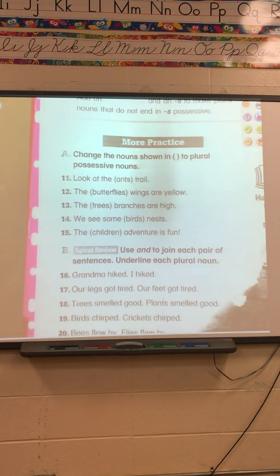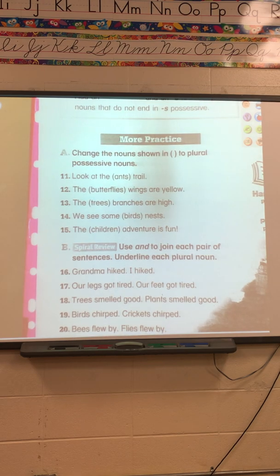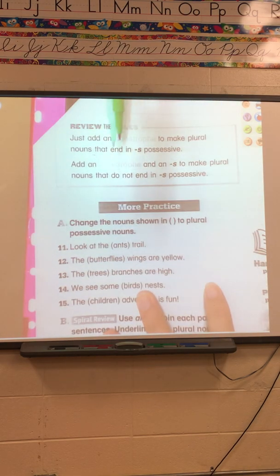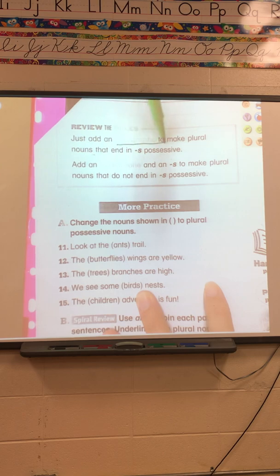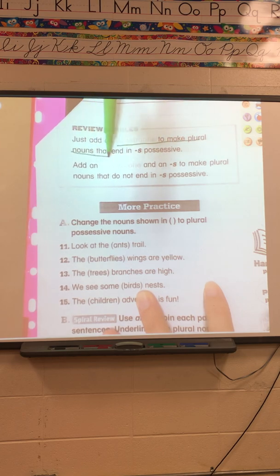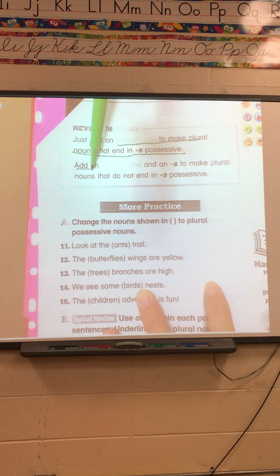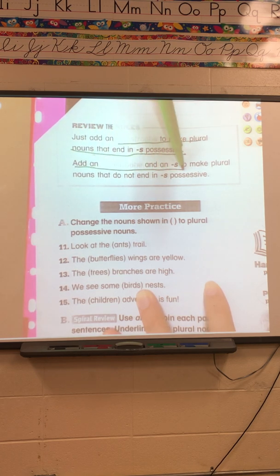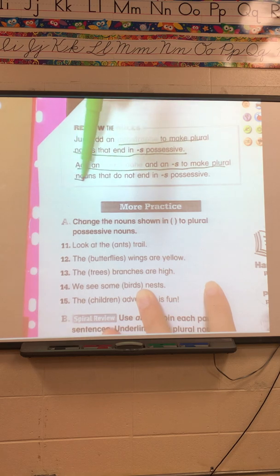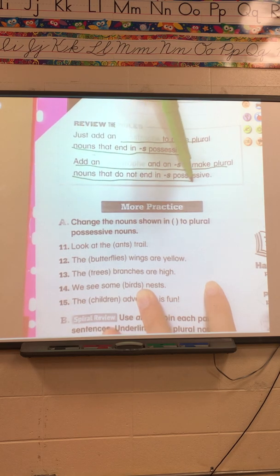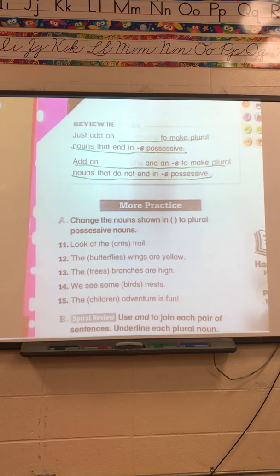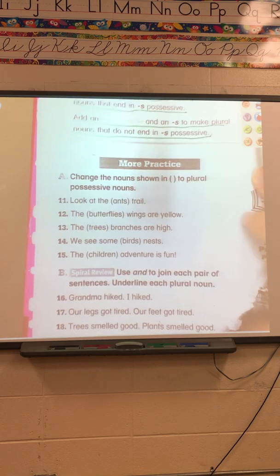On the last practice page here, I want you to remember, just add an apostrophe to make plural nouns that end in S possessive. But you must add an apostrophe and an S to make plural nouns that do not end in S possessive. So let's do some of these together.